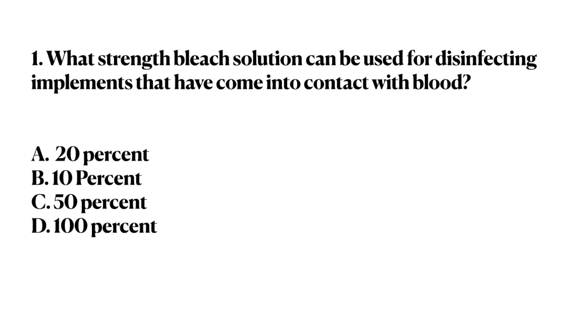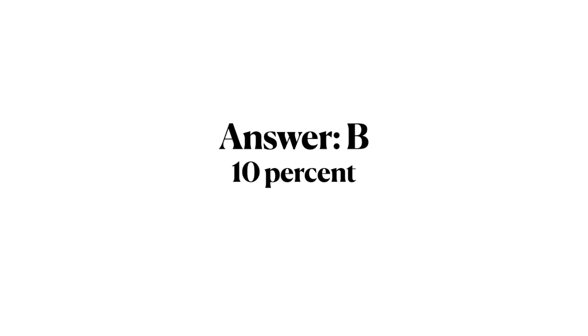What strength bleach solution can be used for disinfecting implements that have come into contact with blood? A. 20%, B. 10%, C. 50%, D. 100%. Answer B. 10%.